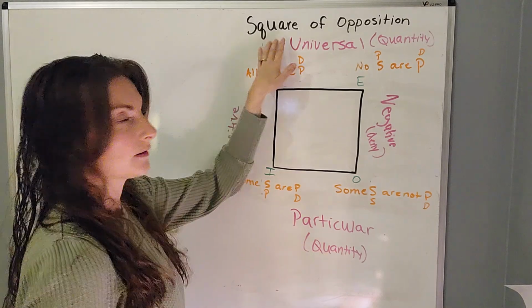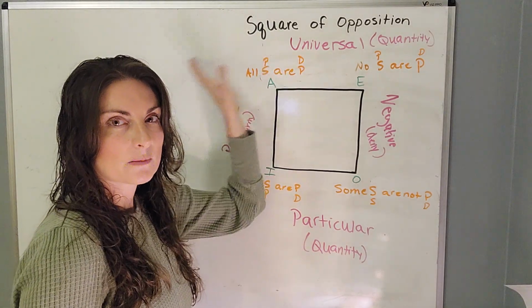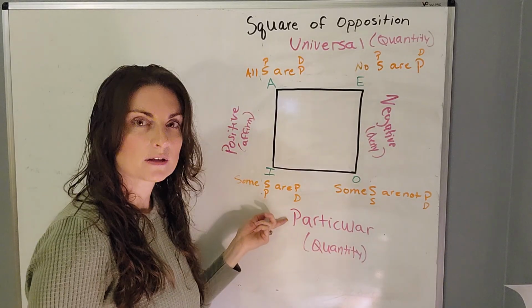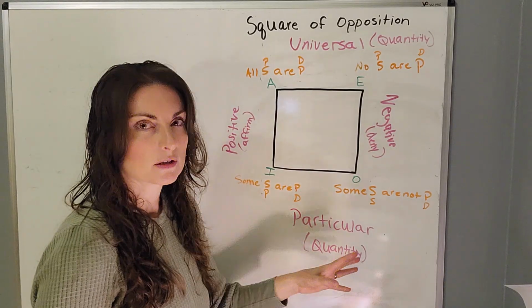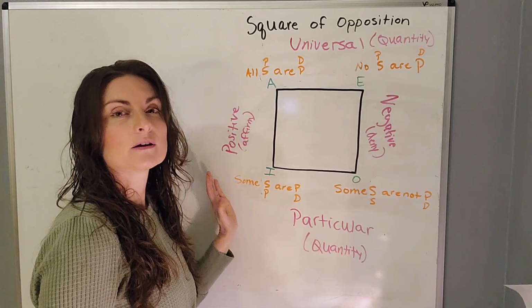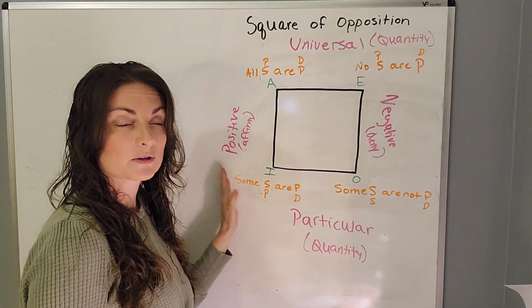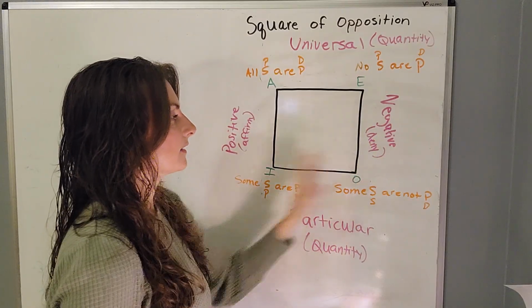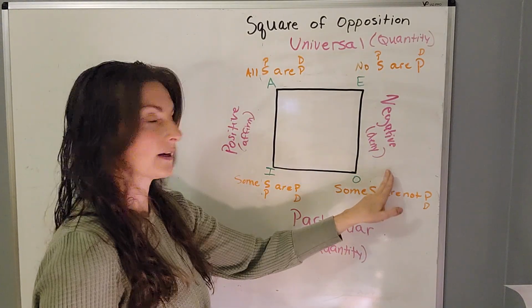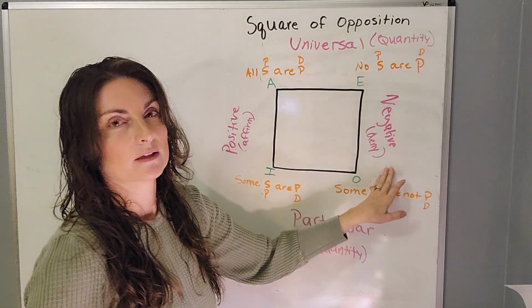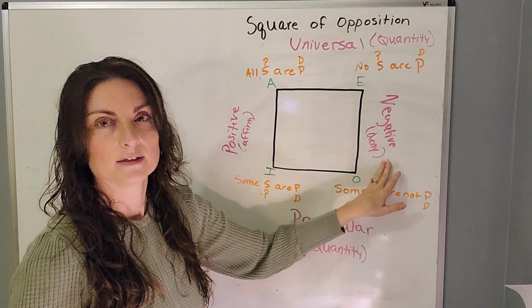We have up here at the top the universal, where we're talking about the entire extension of the subject. Down here's the particular, where we're talking about part of the extension of the subject. On the left side, it is affirming something about the subject, so it's positive. And on the right side, it is denying something about the subject, so it is negative.